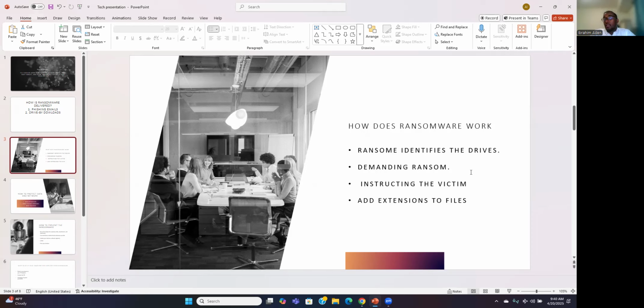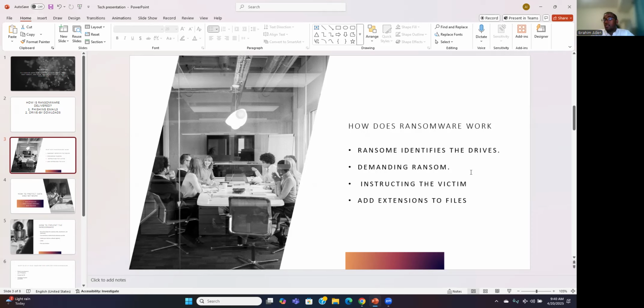But the thing is, usually they also intimidate the victims by telling them that they will leak their files and data online, or they will destroy their data completely.